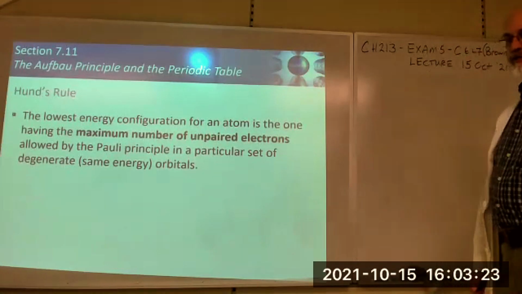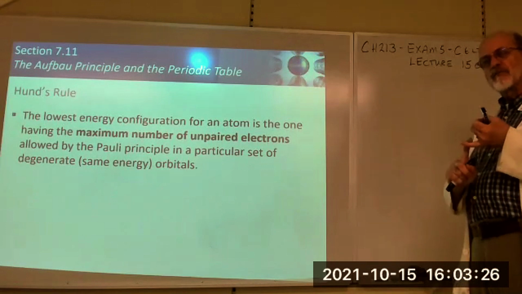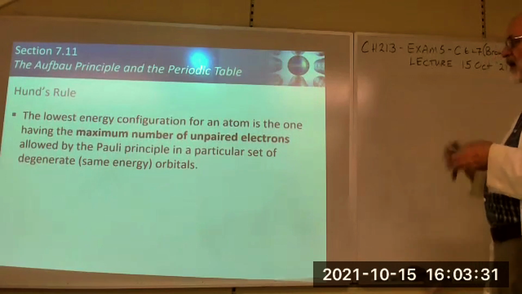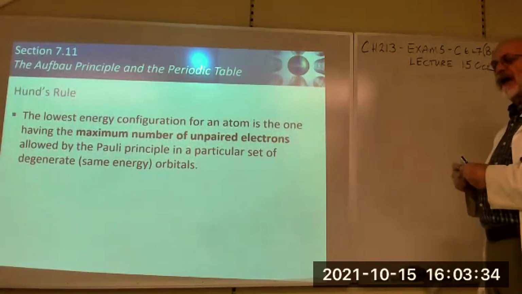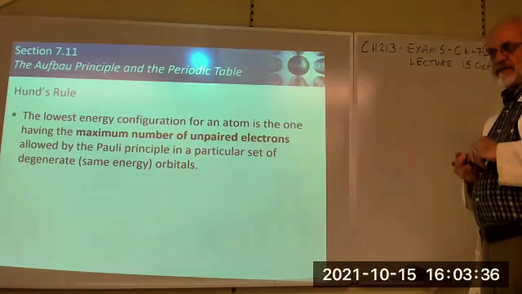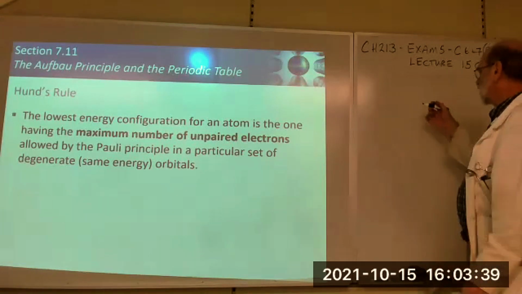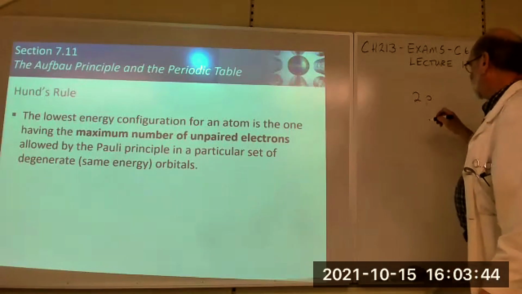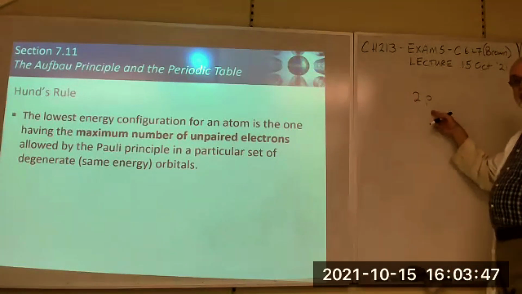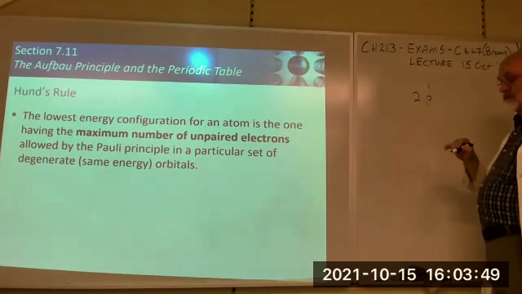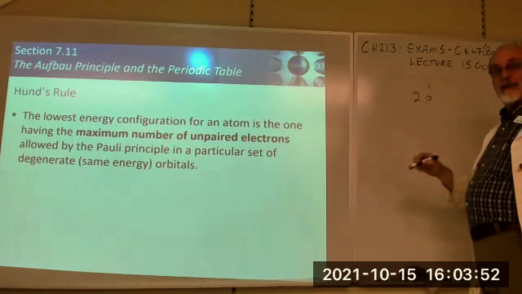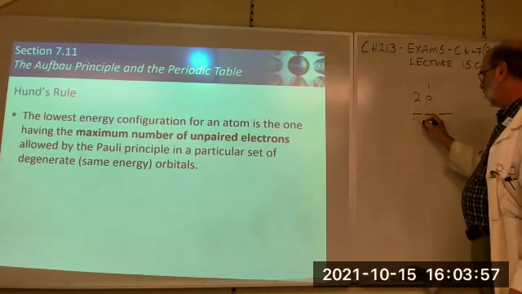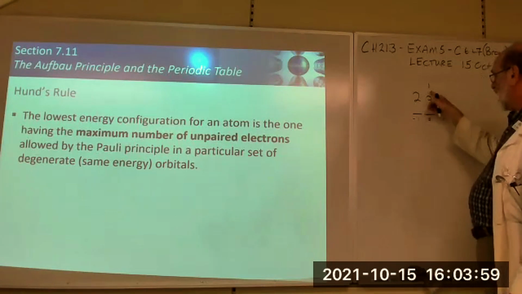Okay, another rule. So we've got what? The Pauli exclusion principle, Aufbau principle, and Hund's rule. Hund's rule just says that when you have sublevels of your orbitals, for instance, if you have one that requires a 2p, remember, p is L number 1, so that means m sub L can be -1, 0, +1 inside p.